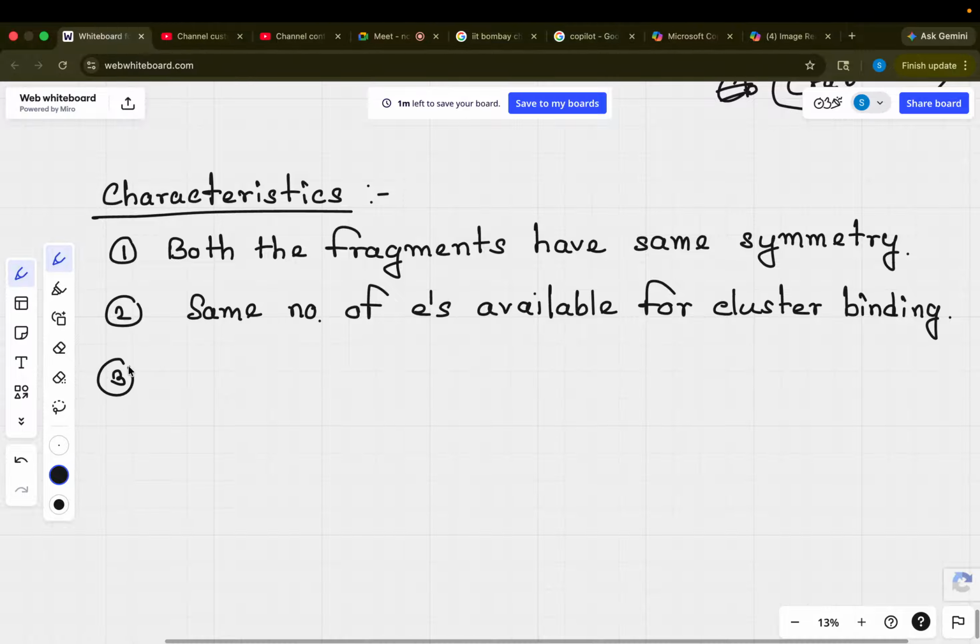And number three, approximately the same energy.